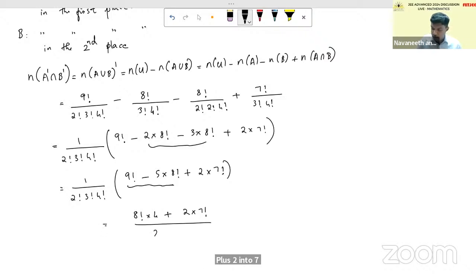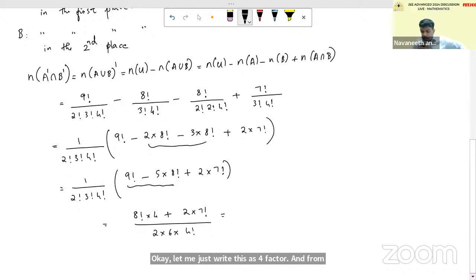And then we have the denominator 2 into 6 into 24. Or we will just write this as 4 factorial itself. And from these two terms, we can take 7 factorial common outside.